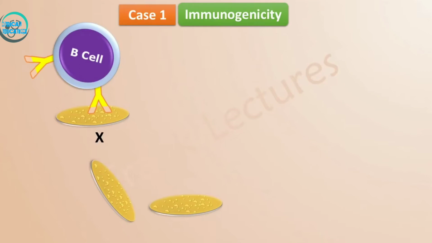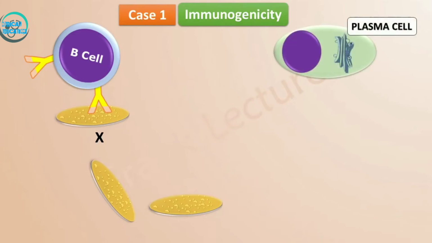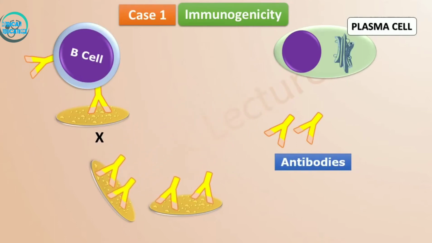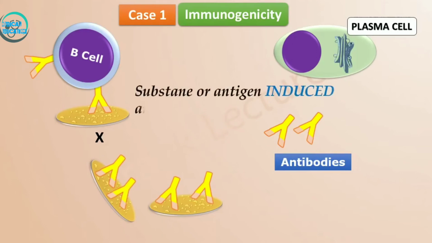After recognition of the antigen, B cells differentiate into plasma cells which are specific to this antigen. These plasma cells produce specific antibodies which bind to the antigens and further lead to the destruction of that pathogen. So, here we saw that the antigen induced an immune response.